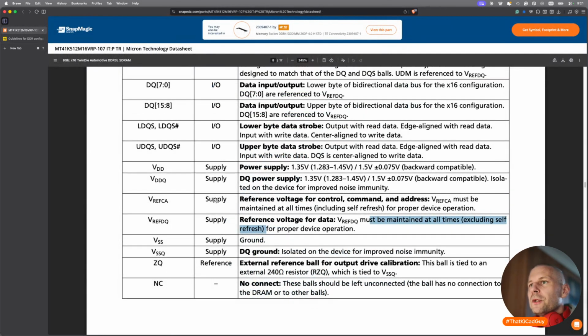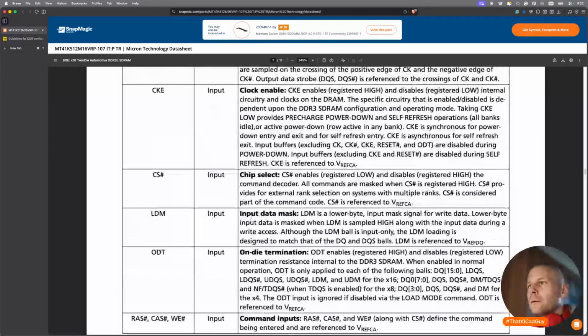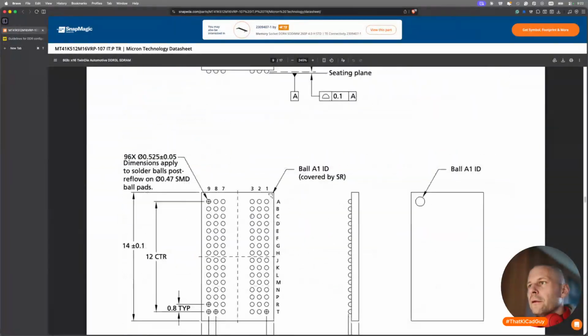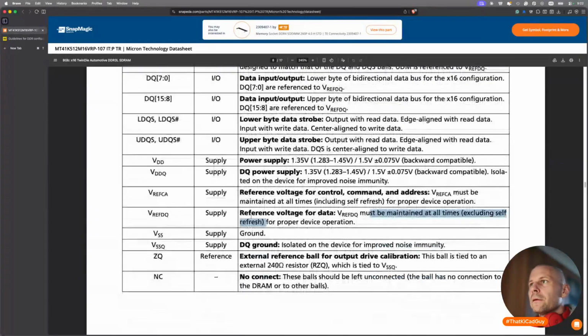This is supply, it means it's input. Yes, input, supply.